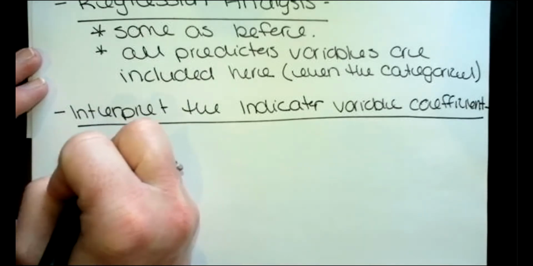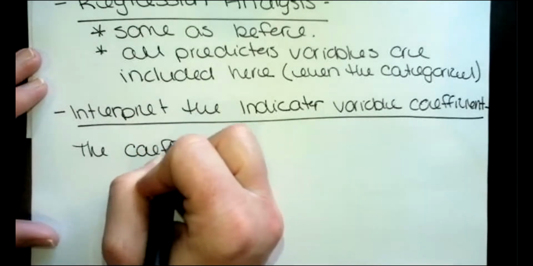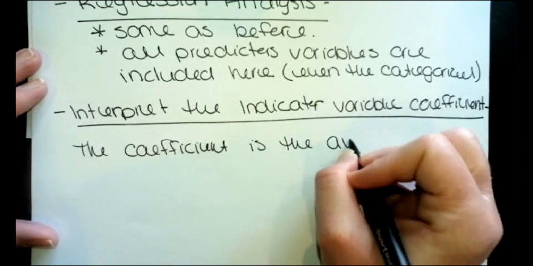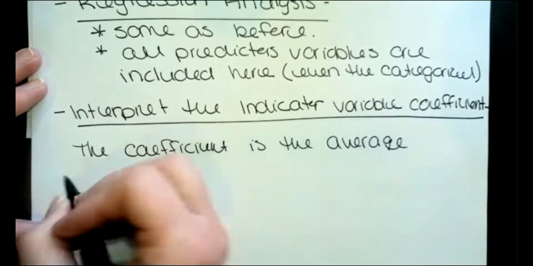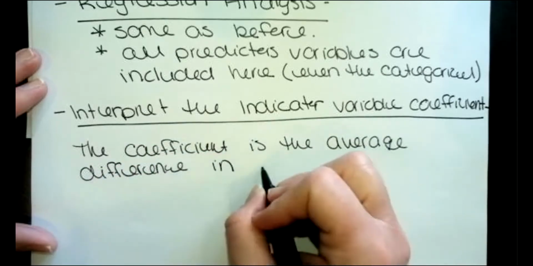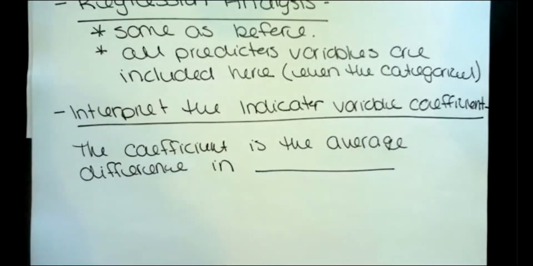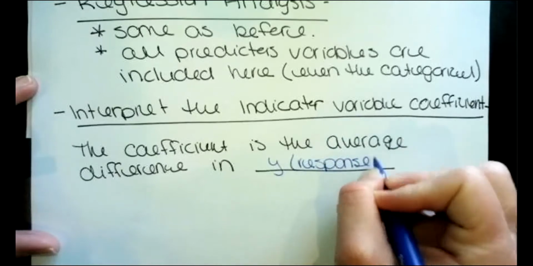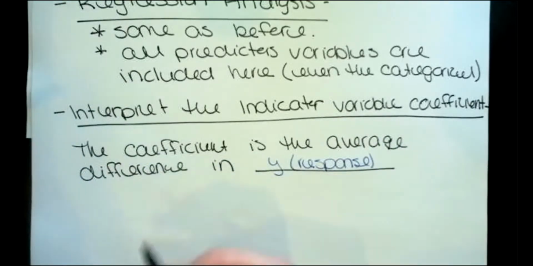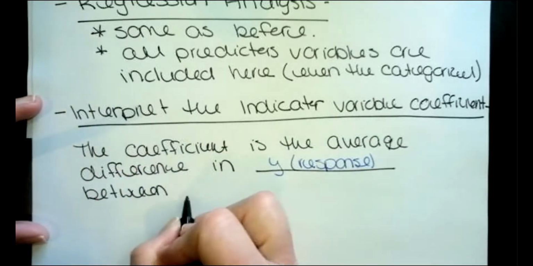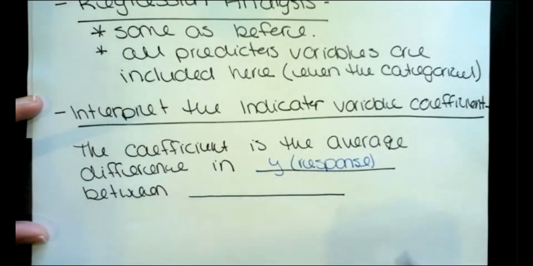So we can say that the coefficient is the average difference in our y variable between the meaning of a 0, and I'm going to fill this all in, and the meaning of a 1.